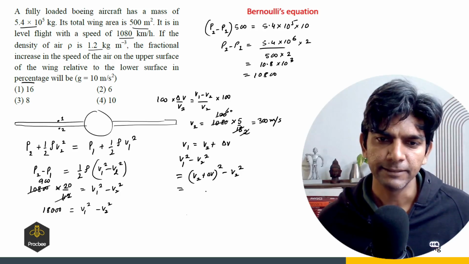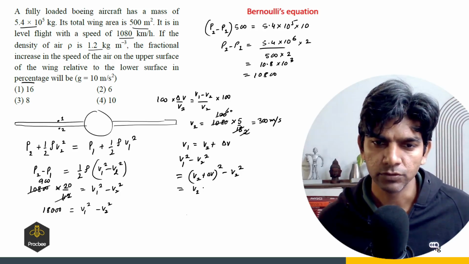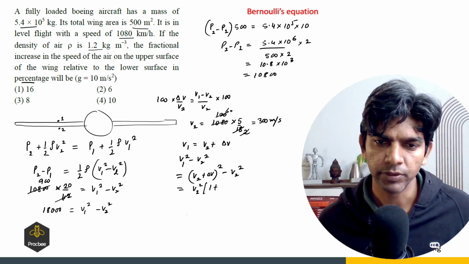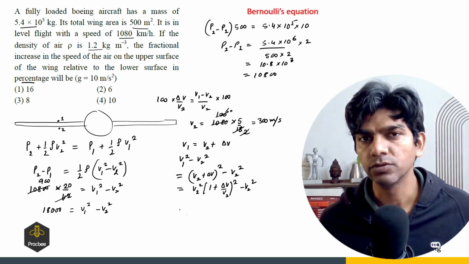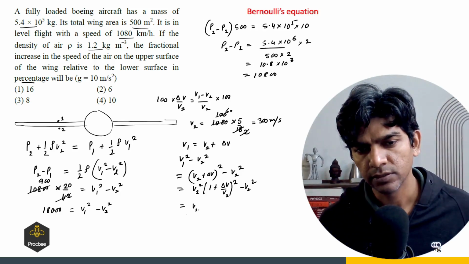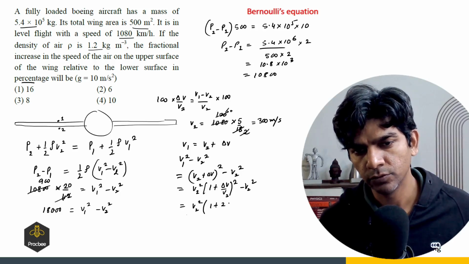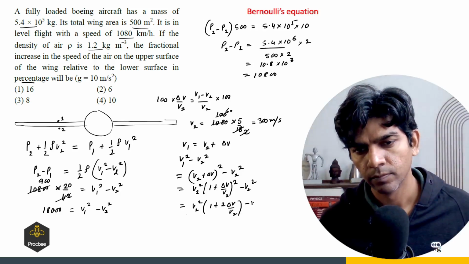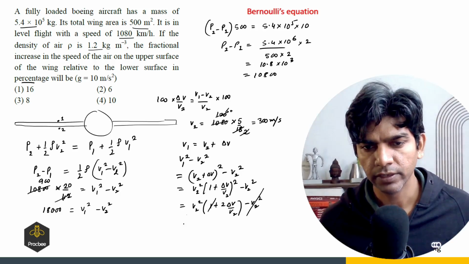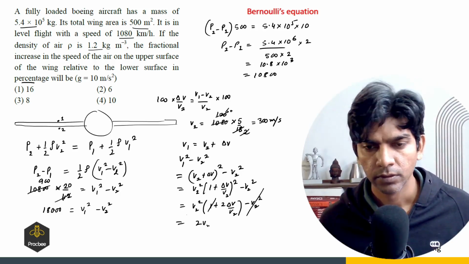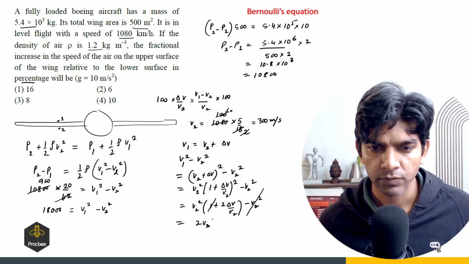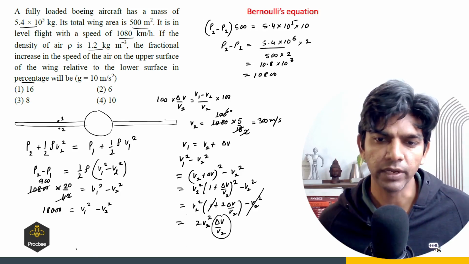Now we can write this as, let us take V2 as common. So V2 square times 1 plus delta V by V2 raised to power 2 minus V2 square. Now we can use binomial approximation. So we can write this as V2 square times 1 plus 2 times delta V by V2 minus V2 square. Now 1 will get cancelled out. So we are getting 2 times V2 square times delta V by V2, and this we have to calculate, right?